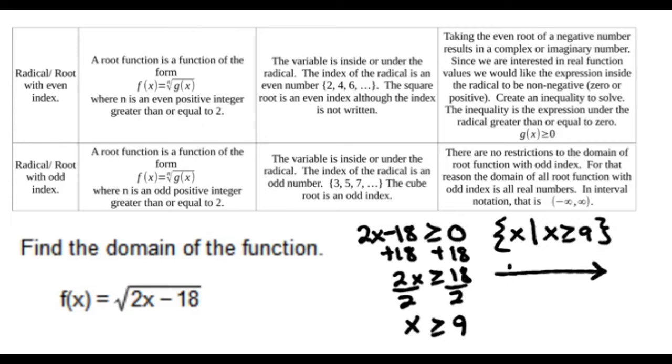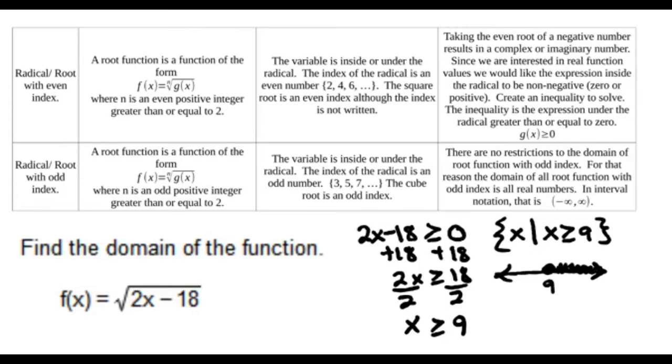In interval notation, you would mark 9 on the number line. 9 is included in the domain, so we're going to put a closed circle on 9. And then we also want our x values to be greater than 9, so I would shade to the right of 9, indicating greater than 9.